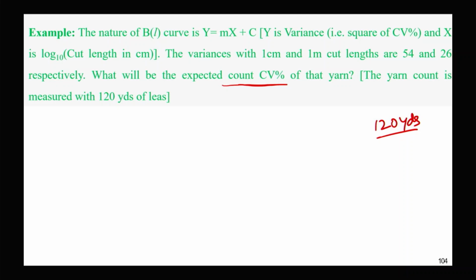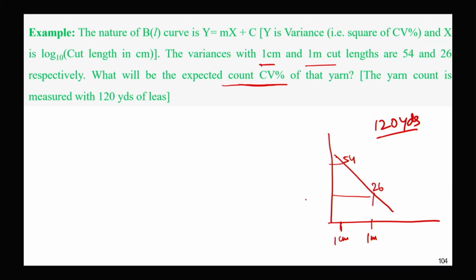Now here in the BL curve, at 1 centimeter and 1 meter cut length, so this is the BL curve. At 1 centimeter cut length and 1 meter cut length, the variance here is 54 and 26. Variance 26 here, variance 54 here.